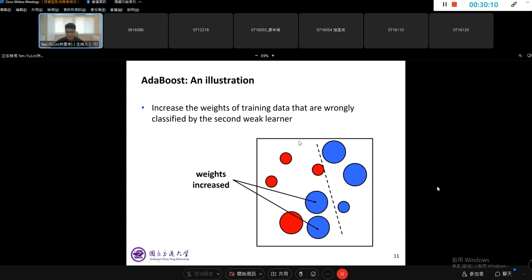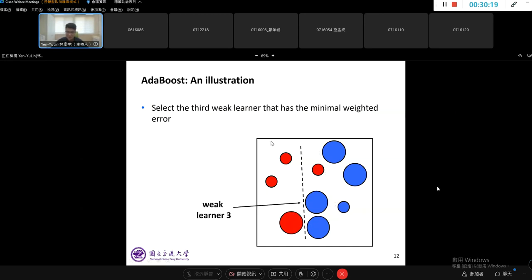So this is the weight distribution after selecting 2 weak learners. Based on this weight distribution, we select the third weak learner. Okay, this is the third weak learner selected by AdaBoost.